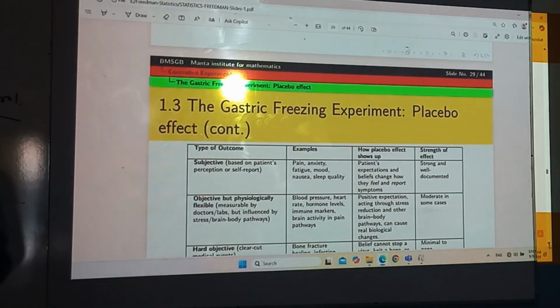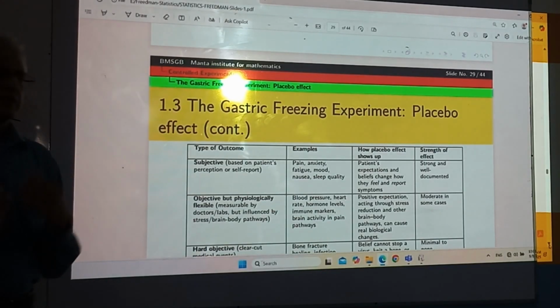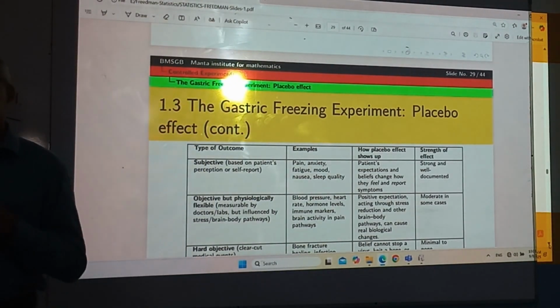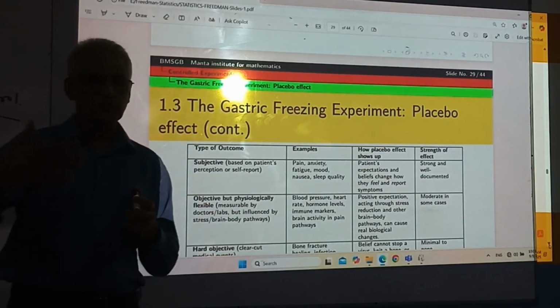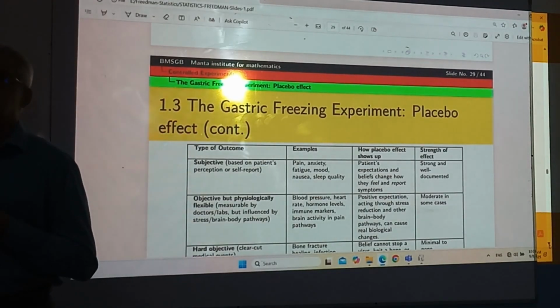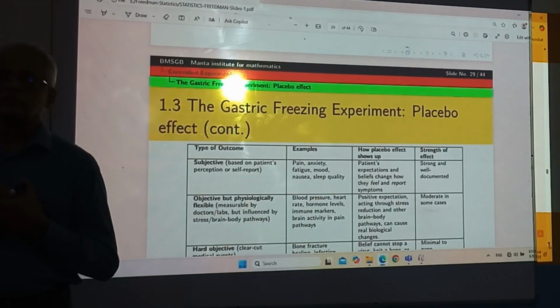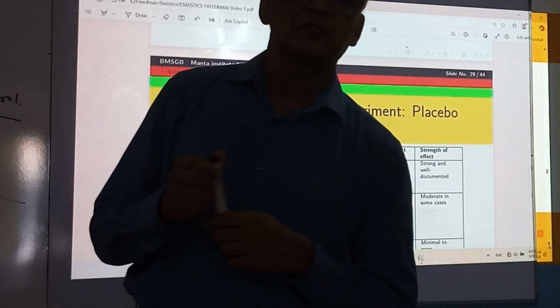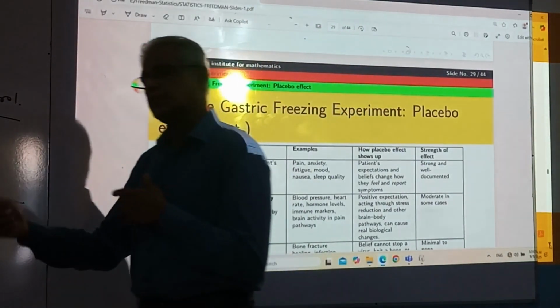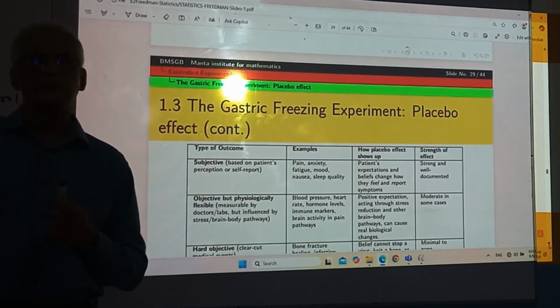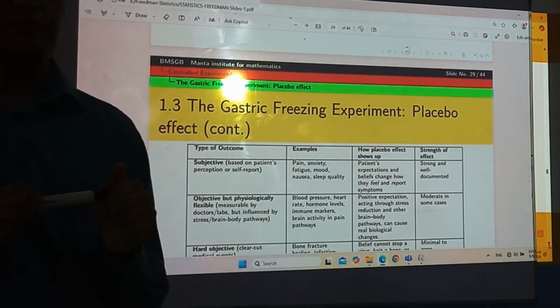On the other hand, there are some situations where the patient feels something, but at the same time, doctors also can decide to a certain extent whether there is actually a real improvement. For example, suppose there is some medicine for anxiety, right? When the patient gets this treatment, he can say that he gets some relief, right?